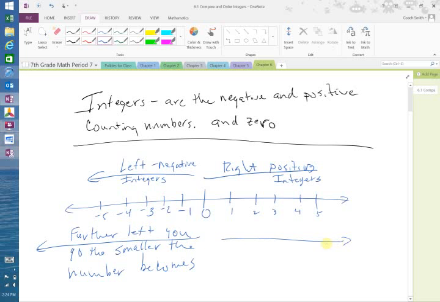The further right you go, the larger the number becomes. That one's fairly obvious: 99 would be larger than 2, because it's further to the right.